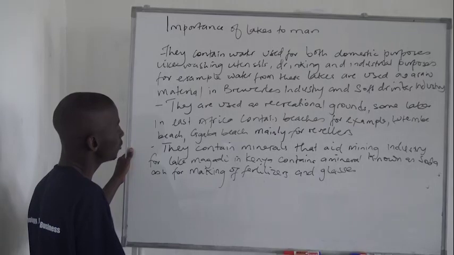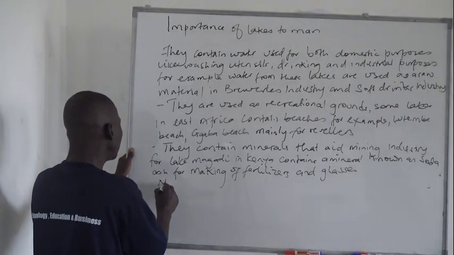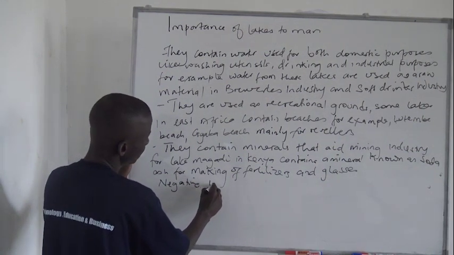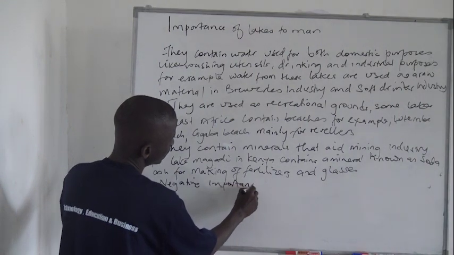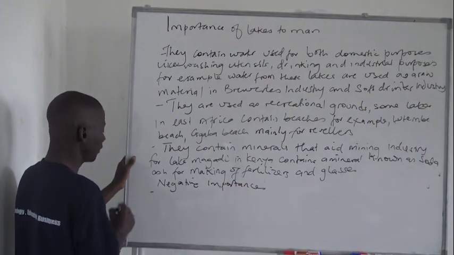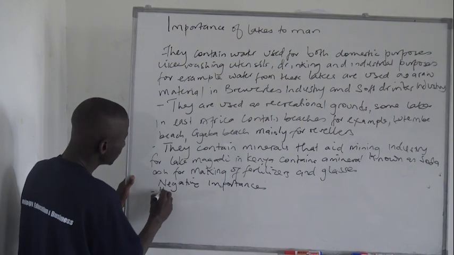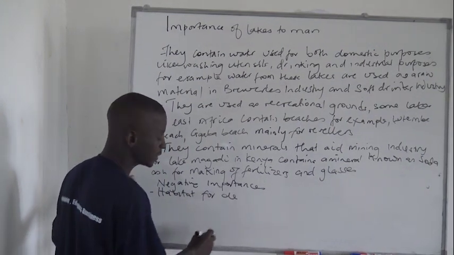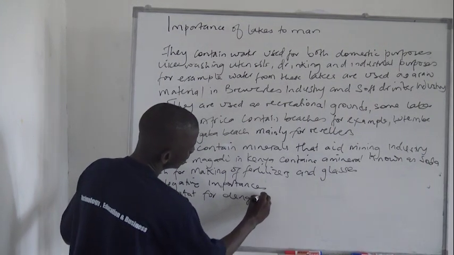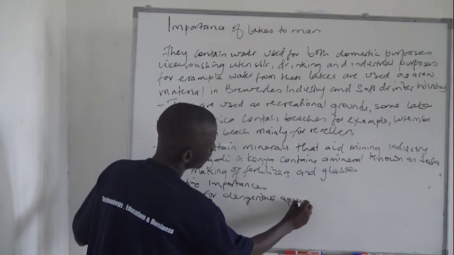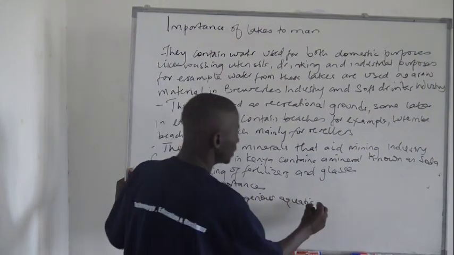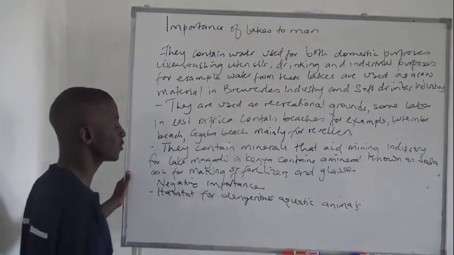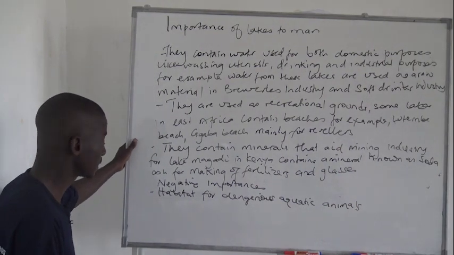So apart from those ones, we can also include some negative importances, and then we call it a day. In summary, some negative importances we have: they are habitat for dangerous aquatic animals, like crocodiles, which are a very great danger to human beings.